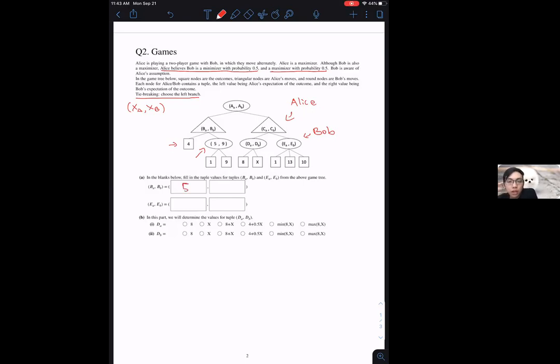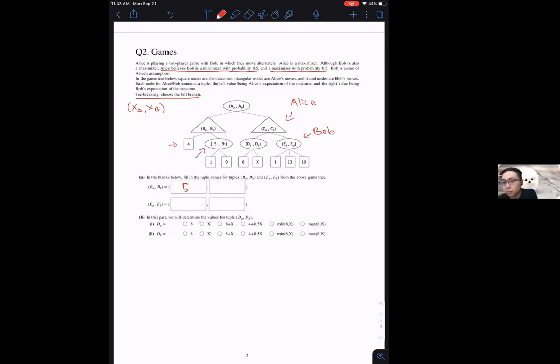Now, Bob, on the other hand, knows exactly how Alice is going to play. Therefore, he knows that Alice will choose the node that corresponds to her interpretation of the highest value that she would get, which means that Bob knows that the actual value that Alice would propagate up is 9.